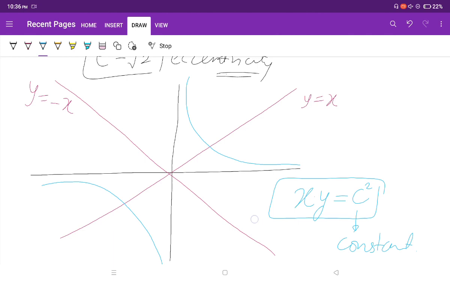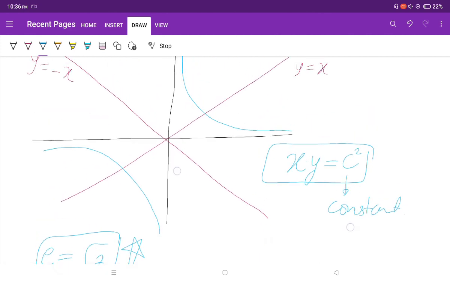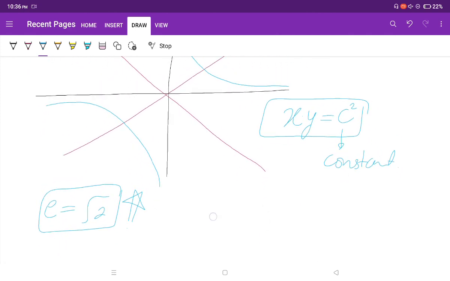So what we have seen is that a rectangular hyperbola is nothing but a special case of hyperbola with transverse axis length equal to conjugate axis length, right? And its eccentricity is root 2, which is a very important point. Among all the hyperbolas, the rectangular hyperbola is the most symmetric because its asymptotes meet at right angles.